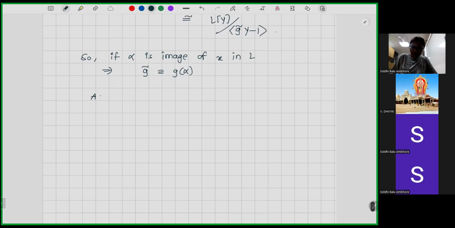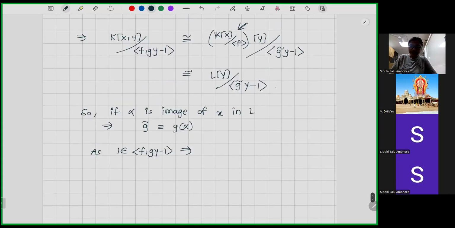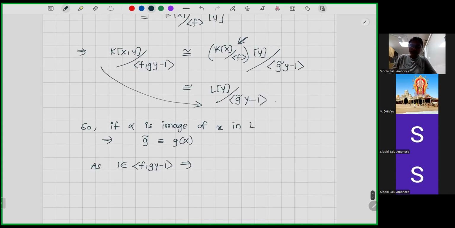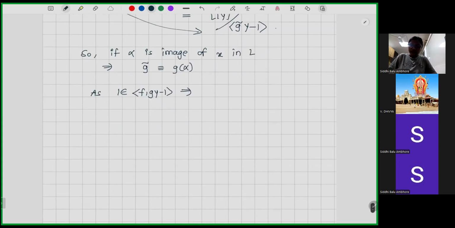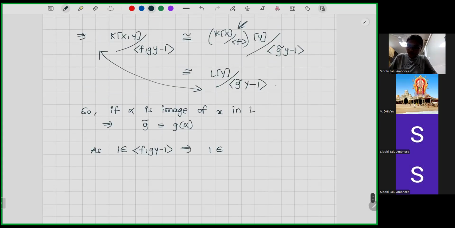Okay, so we have that 1 belongs to (f, g(y) minus 1), because that's how we chose our f and g, with 1 belonging to that ideal. Since everything is an isomorphism, 1 must belong to this ideal as well. So 1 also belongs to (g̃(y) minus 1).